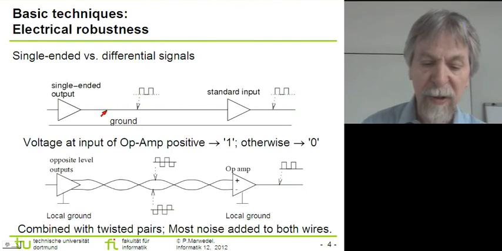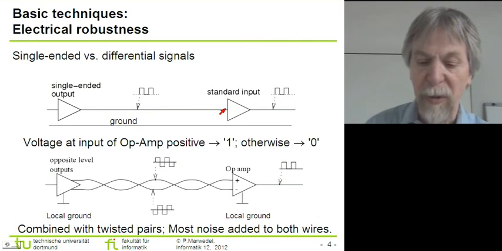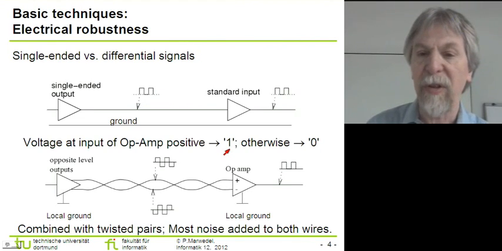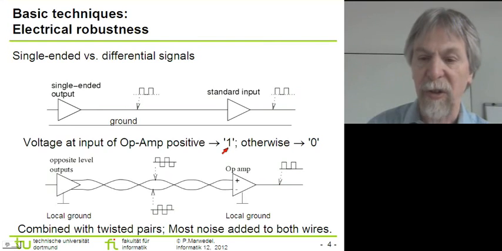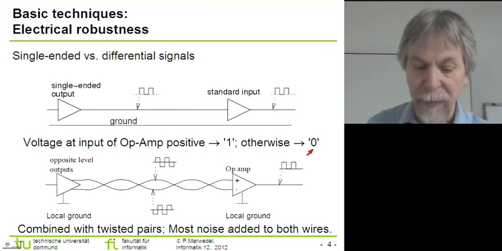Now in this scenario, we would typically have an output that is driving the cable, and we would have one or more inputs that are receiving the signal there. And it would be a possibility to indicate with a positive voltage that we are trying to communicate a logical 1, and with a voltage close to 0 that we are trying to communicate a logical 0.